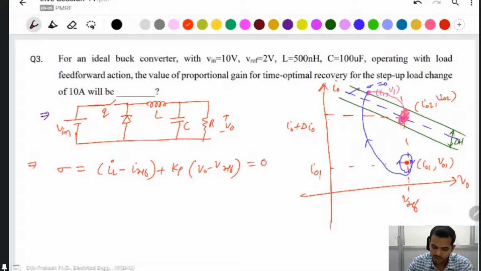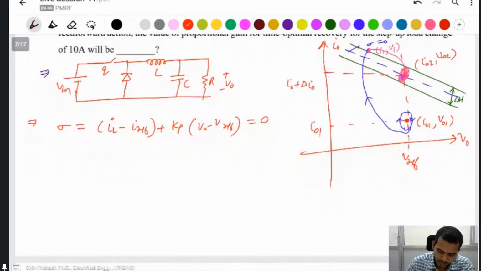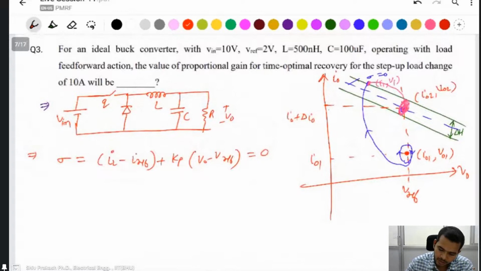To find the proportional gain, you need to find a Kp value here.